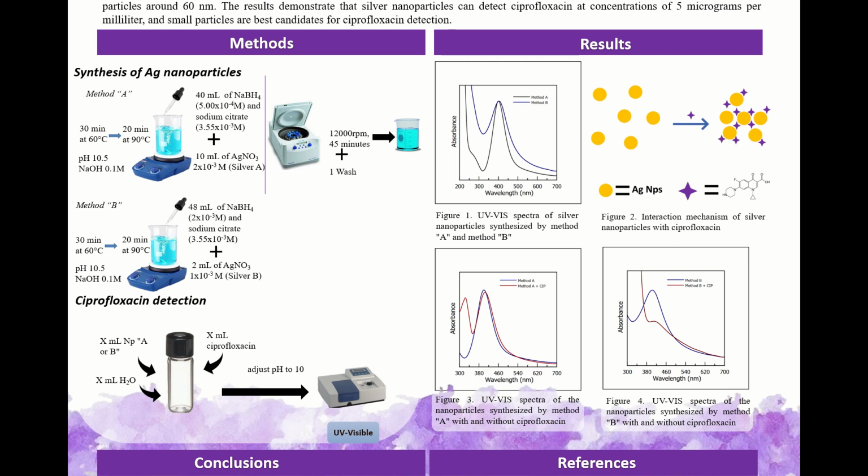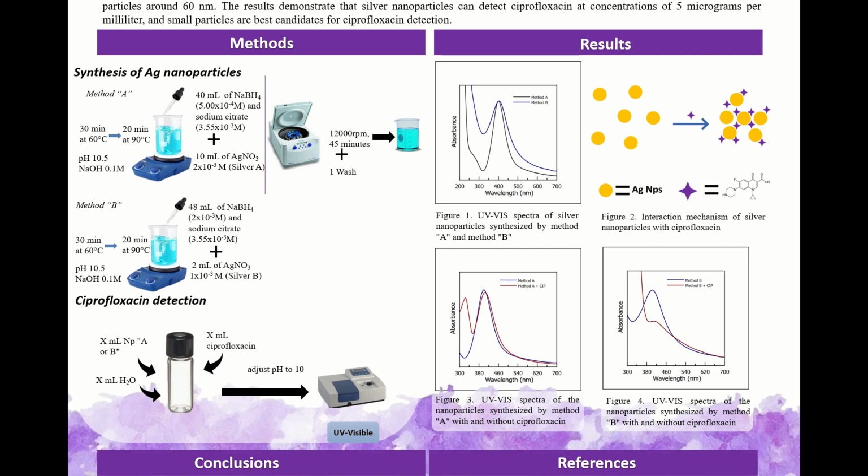Then 10 ml of silver nitrate, 2 times 10 to the negative 3 molar, was added drop by drop. The temperature was raised to 90 degrees Celsius.